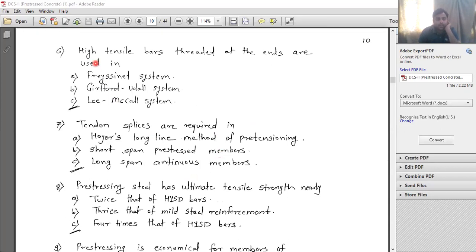But next, high tensile bars threaded at the ends are used in. High tensile bars which have threads at the ends are for the Lee-McCall system. In Lee-McCall, we have seen that nuts and washers are there. So to fix the bar, it needs to be a threaded bar.